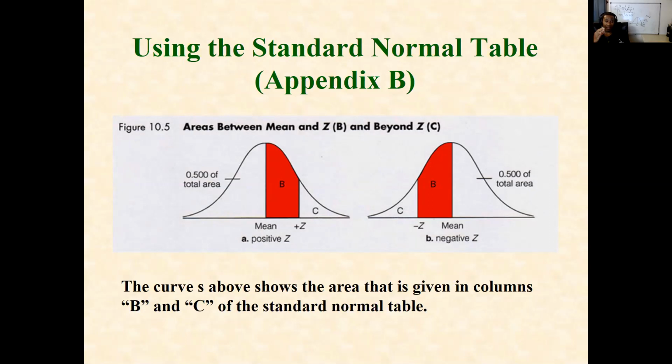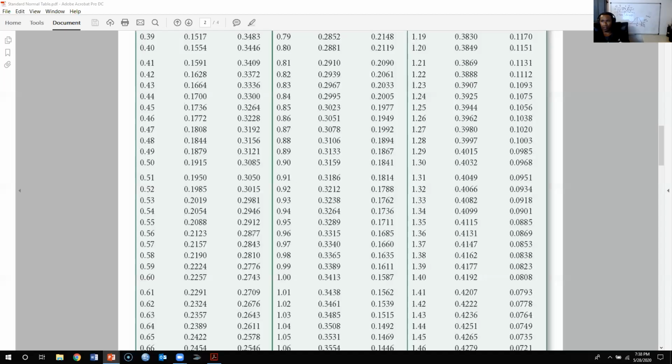Am I above the mean? Am I below the mean? What is it asking? If you draw it out, it makes it a lot easier to consider B versus C: left side of the mean, which is below the mean, which is a negative z value; right side of the mean, above the mean, which is a positive z value. It can help you to conceptualize which column you're going to be looking at.